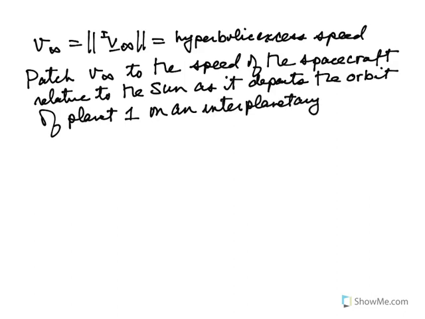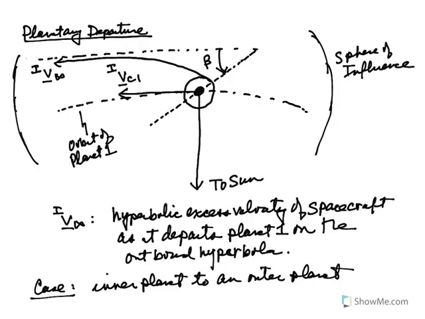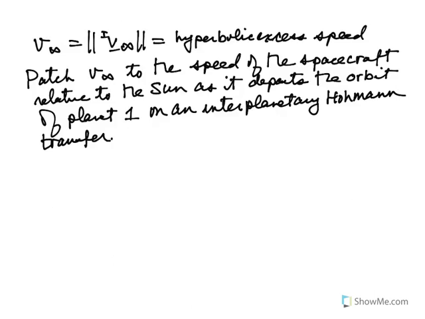So what that means is that there's this excess hyperbolic speed, and you can see when you look back at this diagram that it's going to be effectively tangent to this asymptote, because this is the asymptote of the hyperbola. And we're going to bridge the gap between that and the value of the velocity as we leave on an interplanetary Hohmann transfer.